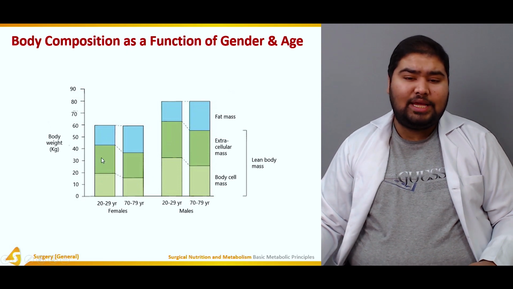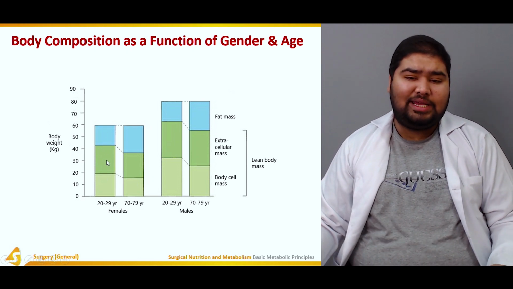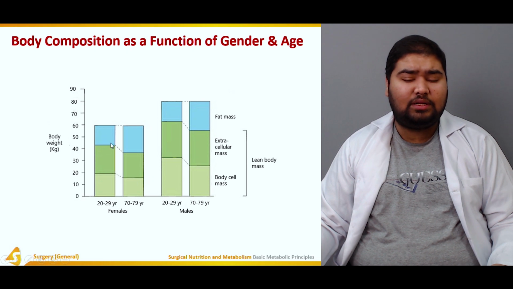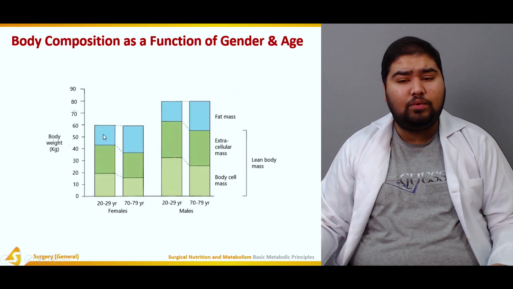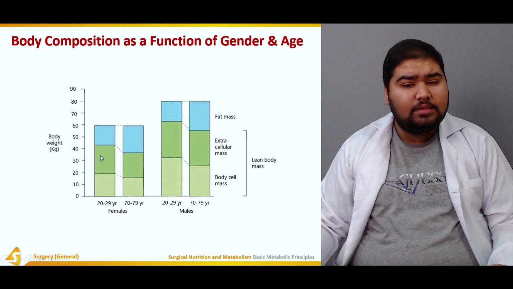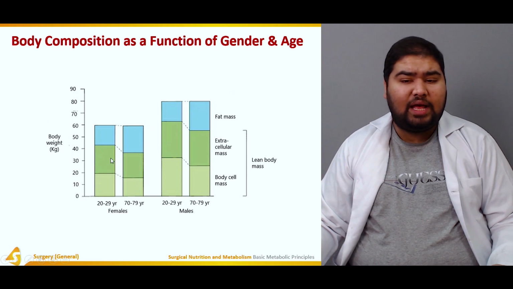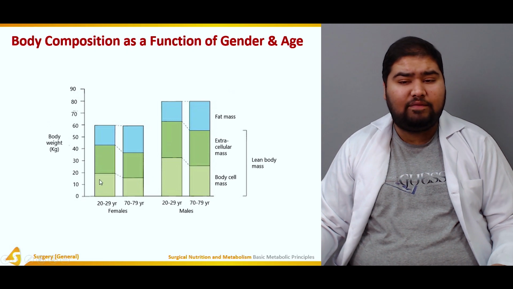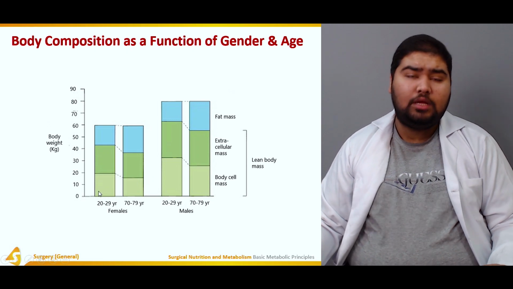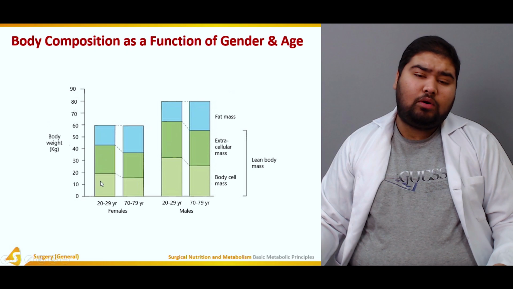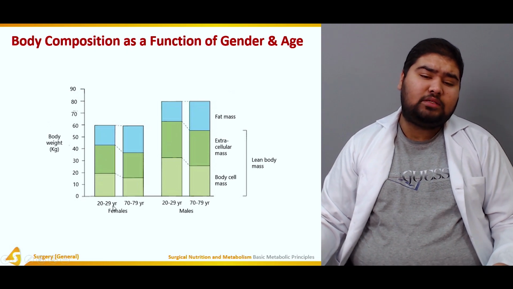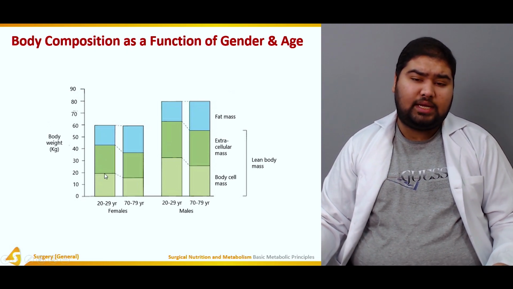Now each bar has three sections. The first section, the topmost section in blue, is the fat mass. In dark green we have the extracellular mass, and in light green we have the body cell mass. So now let's take a look at this bar of females of 20 to 29 years.